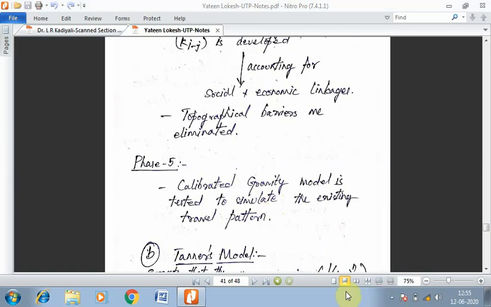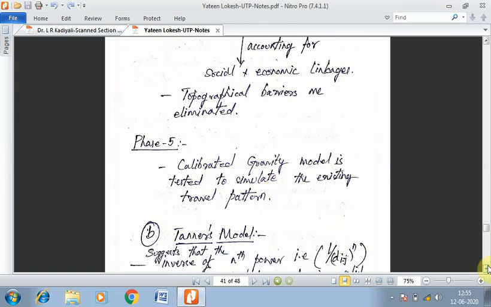Okay. Now, this was all about the gravity model and the explanation of the gravity model. The gravity model, as you are aware, is considered to be the first type of synthetic method of trip distribution.